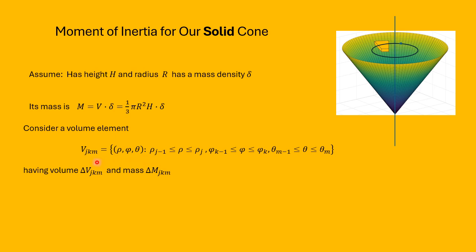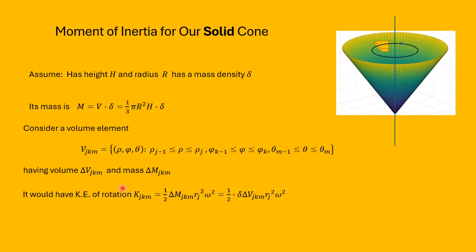We'll assume that it has volume delta v sub jkm, and its mass is delta m sub jkm. So we're using this v for the element itself, that geometric thing that we see up here. The volume of that wedge has a delta in front of it, and the mass has a delta in front of it too.